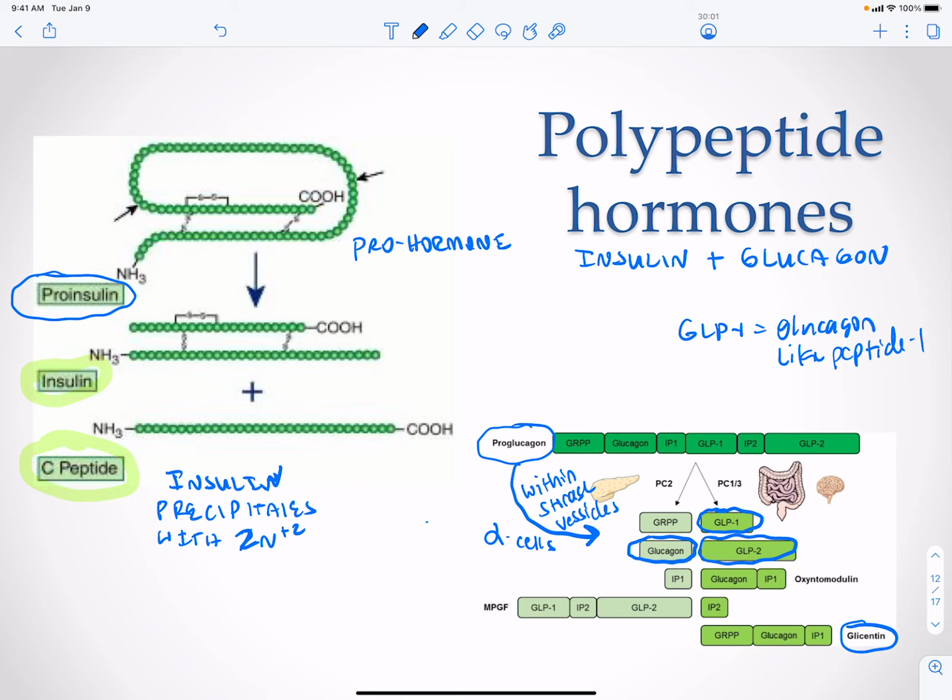And you're also going to require calcium to mobilize the vesicles. Now, insulin is going to be secreted when blood glucose levels increase, of course. And so insulin secretion depends on glucose, the presence of zinc, as well as calcium.